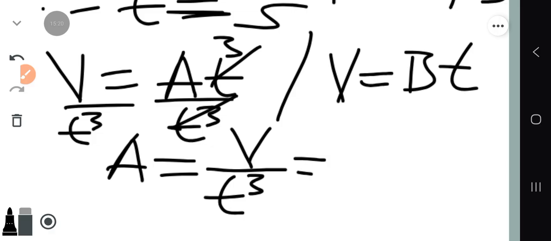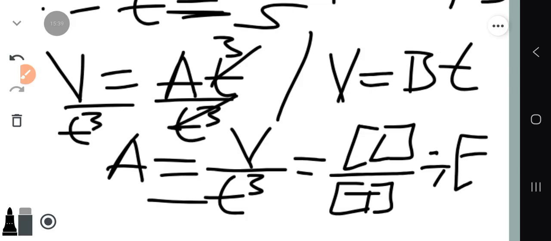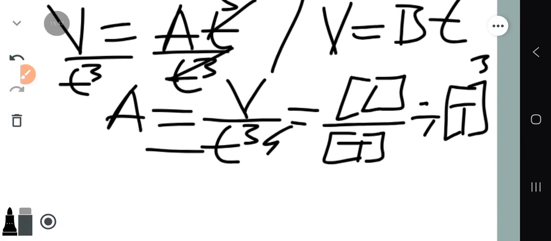So we're going to say dimension of L over dimension of time. Divide by the dimension of T, which is time, now cubed, because it is cubed here. As you can see, it is cubed.